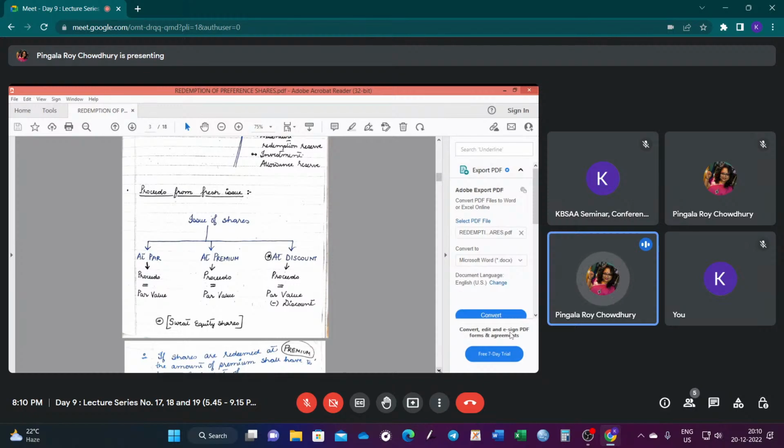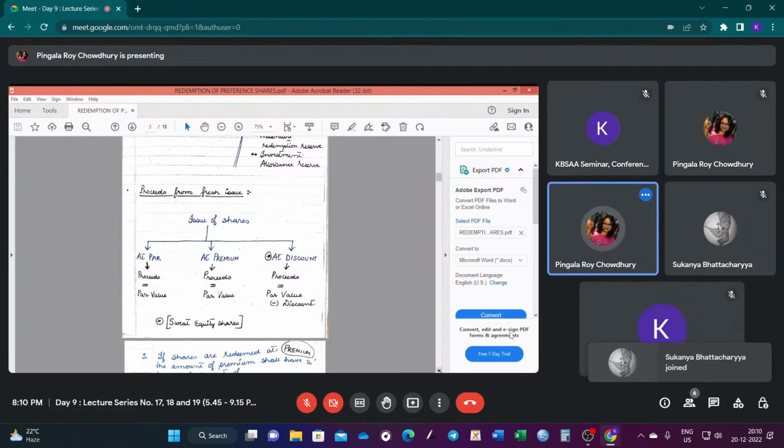Face value was rupees 10. You have issued the share at rupees 12. So 2 rupees each is your premium amount. So that premium amount cannot be considered as proceeds for the purpose of redemption. That you have to keep separate. So that 10 rupee par value, however many equity shares you are issuing, multiplied by that face value will be considered as your proceeds.